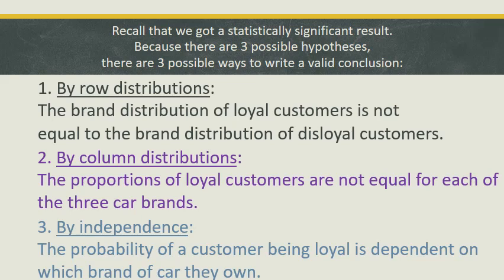Choose whichever one makes the most sense. In this particular problem, it makes sense to me to assume that car brand has an effect on customer loyalty and not the other way around. So column distributions make the most sense to me. But that's simply my opinion, and there's no other way to distinguish between these options.